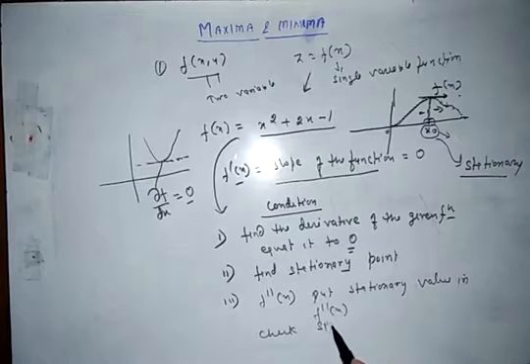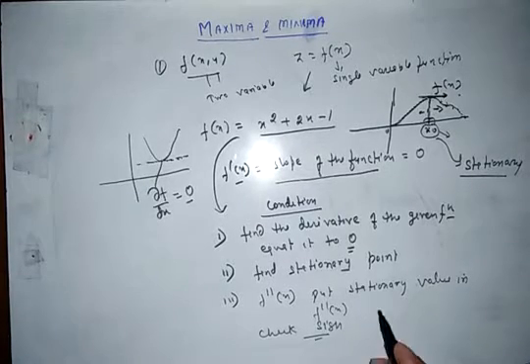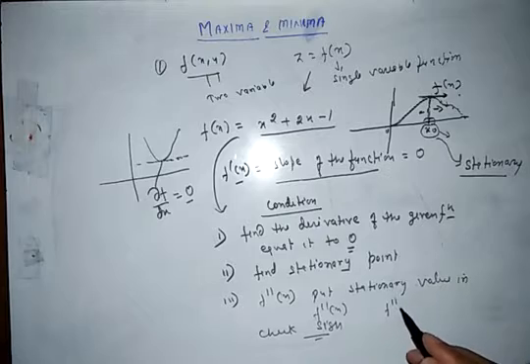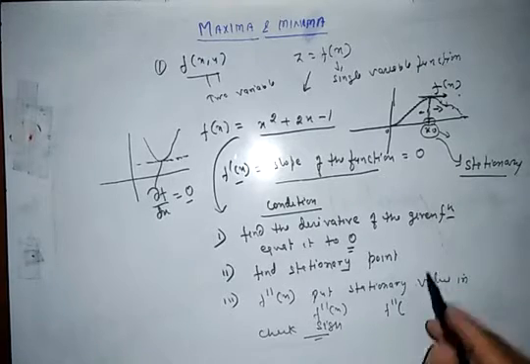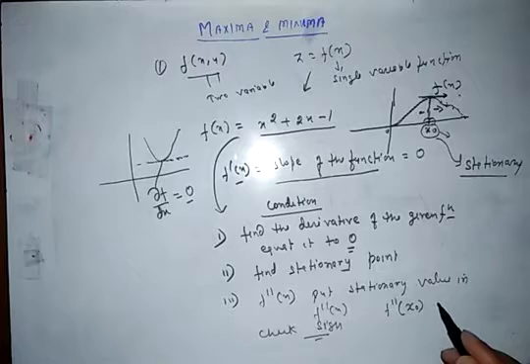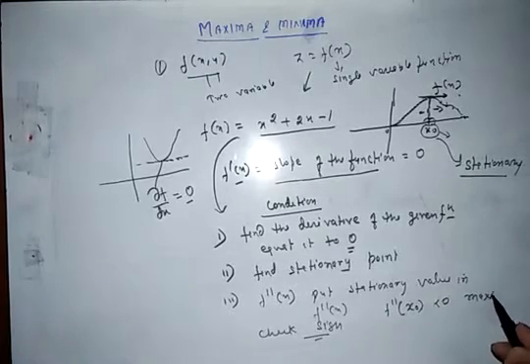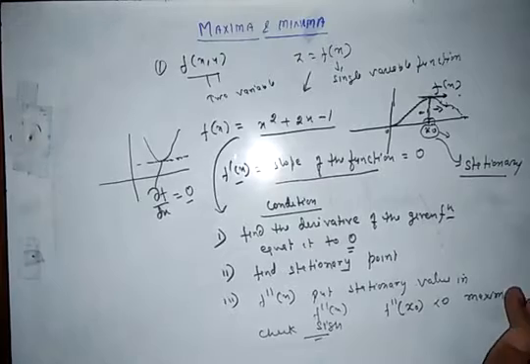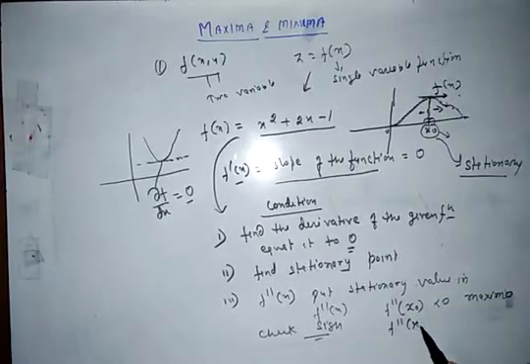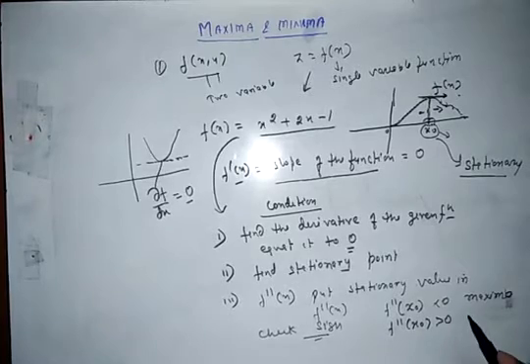Okay, suppose we have a stationary point x naught. If f double dash x naught is less than 0, then this is maxima. And if f double dash x naught is greater than 0, this will give minima.